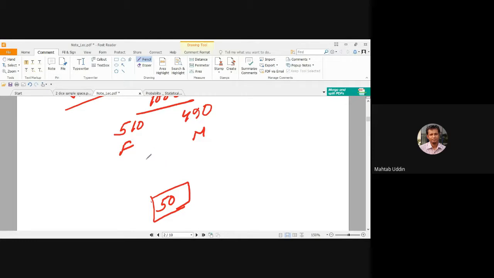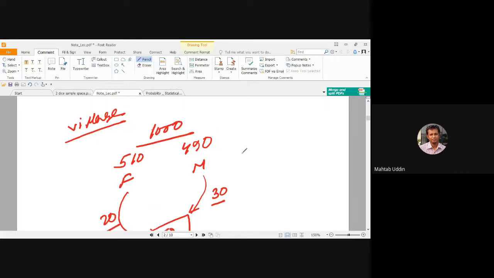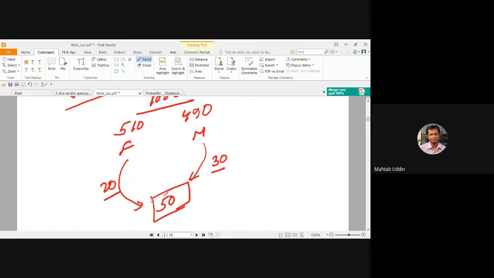So how many females should be taken? 20. Okay. So you can see there are the total people classified in 2 subsets, and we have to select a final committee or final team.